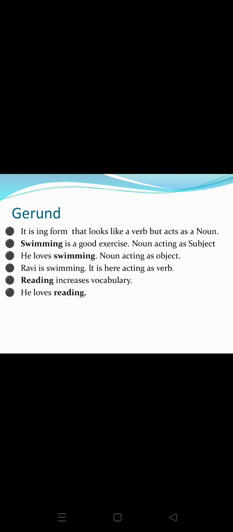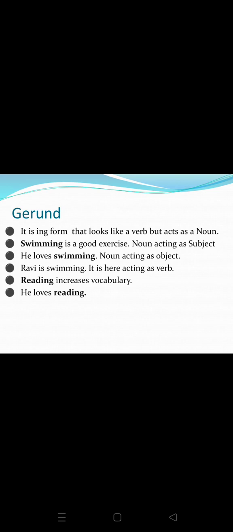Whenever ing form of the verb plays the role of a noun, sometimes as a subject and sometimes as an object, sometimes it completes the prepositional phrase too. I won't get into those details. The main idea is you should know how to identify what gerund is, right?